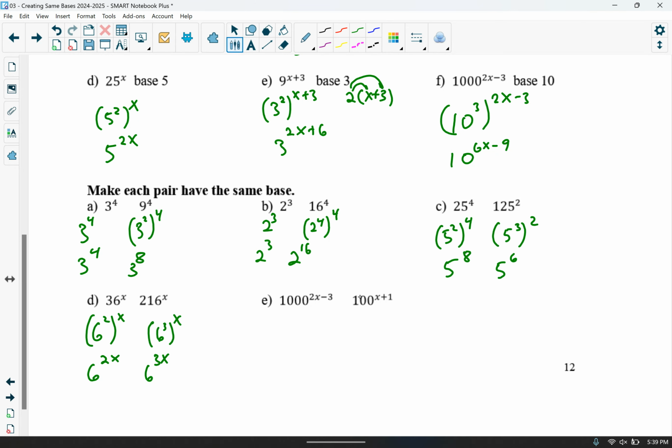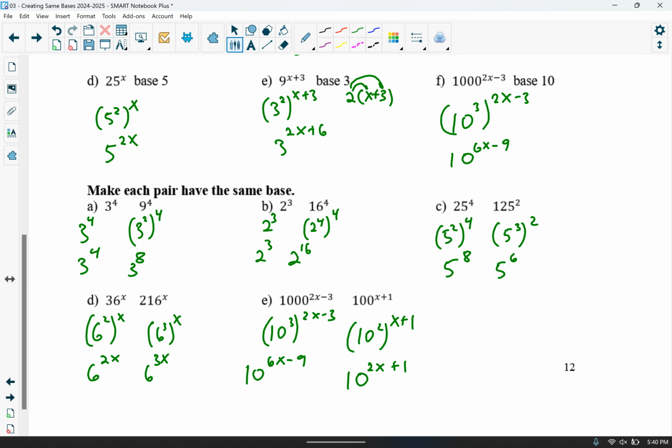And then E, working with our 1,100 base here, those can both be written as base 10. 10 to the 3rd and 10 squared. Okay. Remember multiplying, so that's going to be 10 to the 6x minus 9 power and 10 to the 2x plus 1 power.